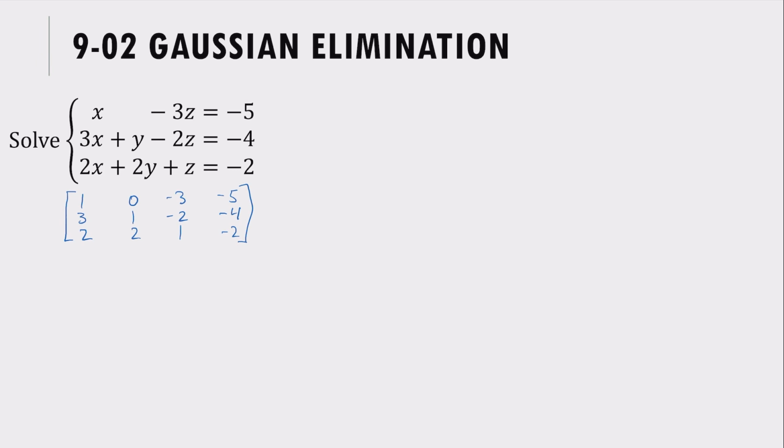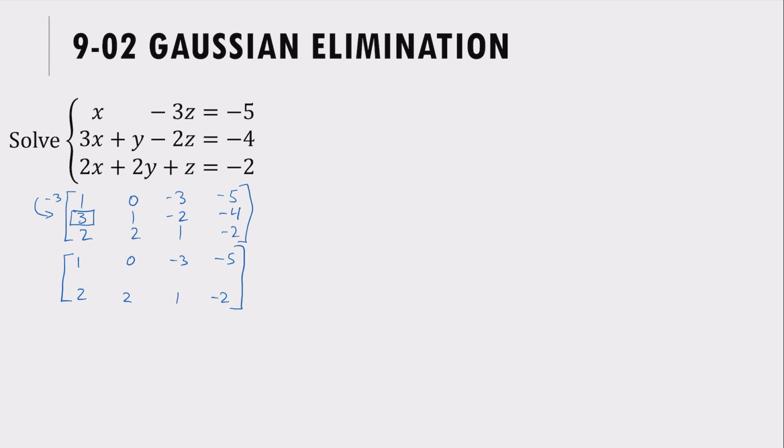My top left entry is already a 1, so let's make zeros below that 1. So let's make that 3 a 0. I could do negative 3 times the top and add it to the second. The top row is staying the same. The bottom row is staying the same.